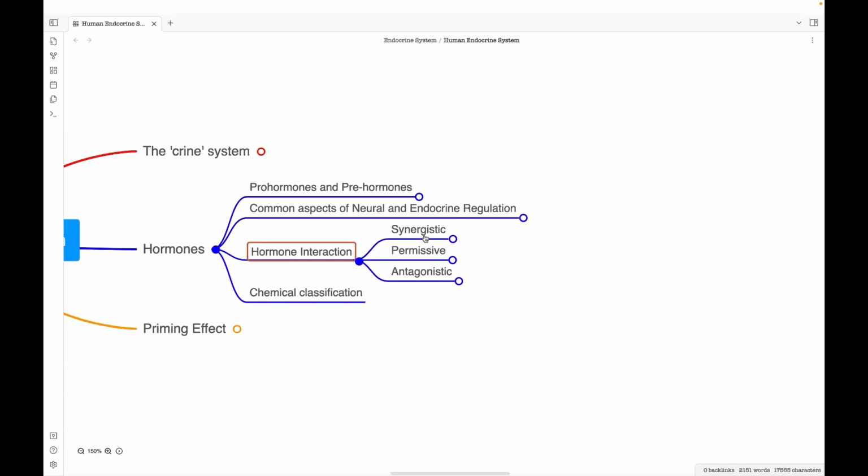As you can see, there are three different types of interaction: one is synergistic, another is permissive, and another is antagonistic. These three things are very interesting to learn, and again we'll go for a freestyle for this study. So let's see what they are.